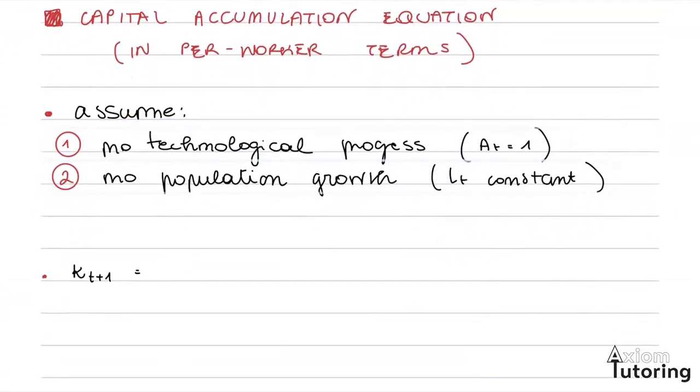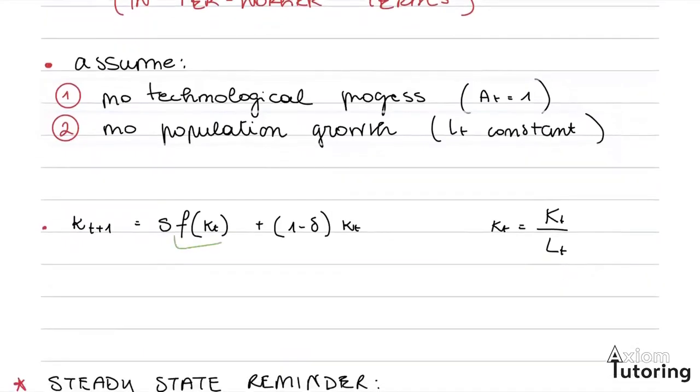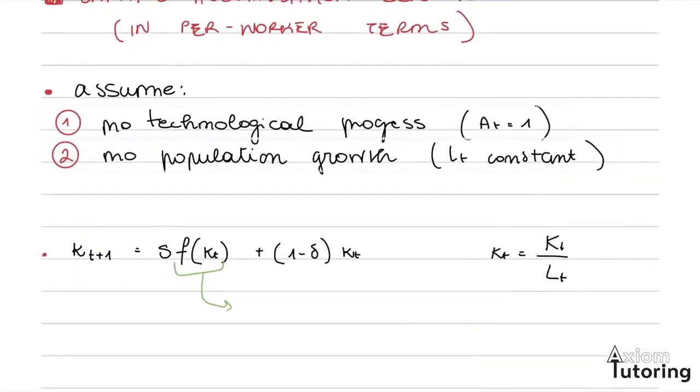So our capital accumulation equation in per worker terms is going to be very similar to what we saw for aggregate terms, with the only difference that we are going to be using small k's, where k_t is equal to big K over L_t, and a production function here that basically refers to output per worker. And again, if you want a more clear explanation of how this is derived, you can refer back to video 11 in this playlist.